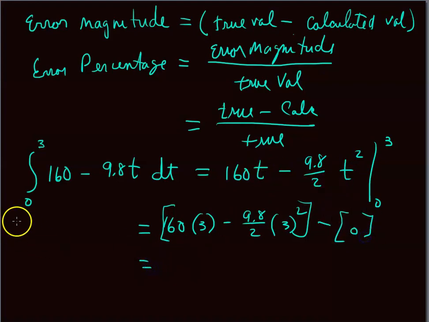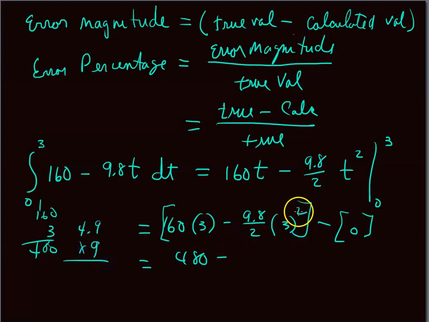So, what is 3 times 160? Let's see, 0, 18, 480. What is half of 9.8? Let's see, it's a 4.9 times 9, because this will be a 3 squared. So it's 81, 36, 44, 44.1.